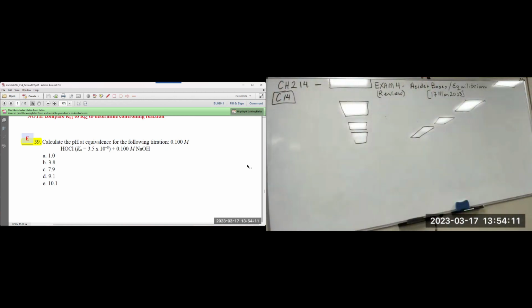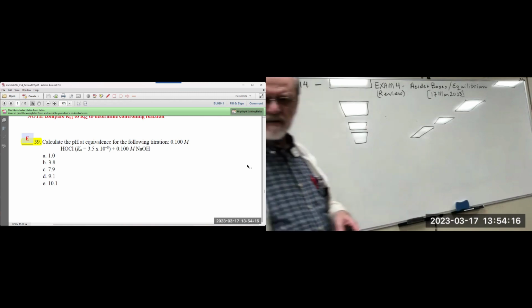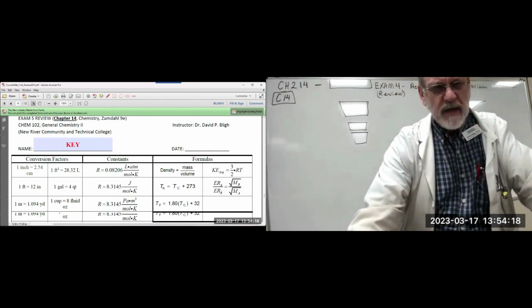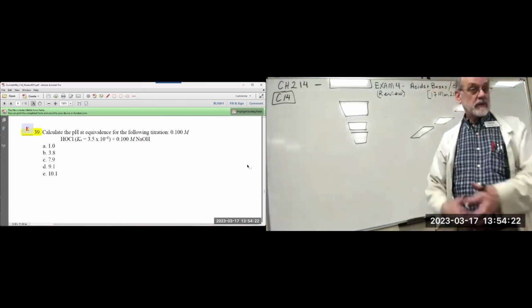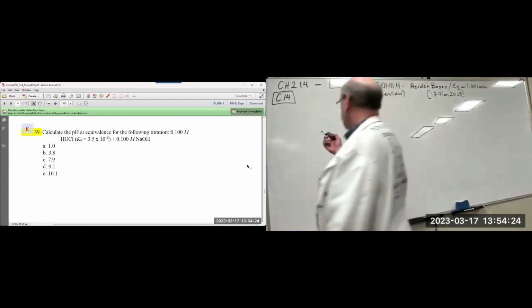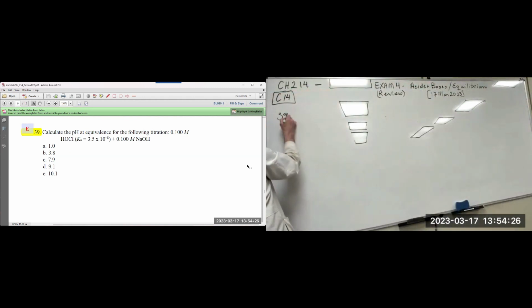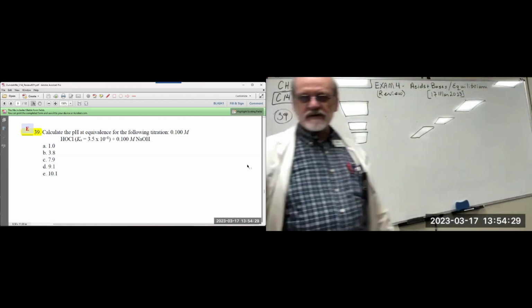Huh. Did I just not print that page? Let me see if there are any more. 39. No. Okay, so I just missed that one. Let's see if we can make sense of it. Maybe that's why I put it in here, because I didn't have it on there.